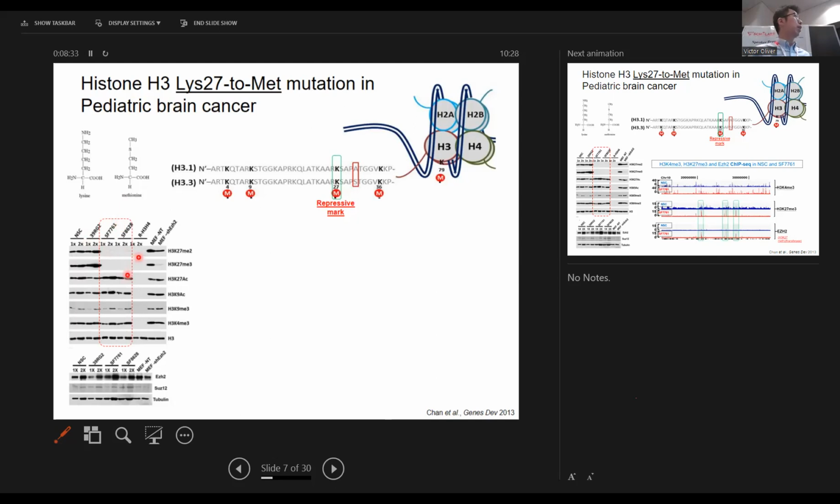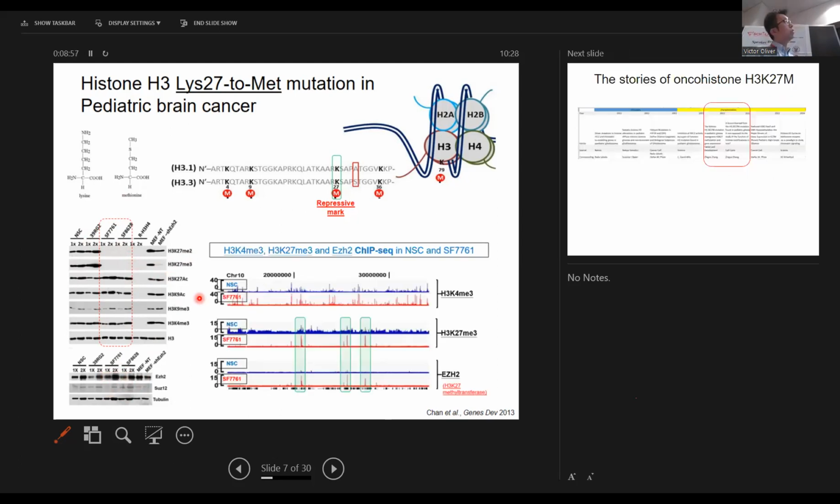You can see the di- and trimethylation of histone H3 lysine 27 is dramatically reduced. But the enzymes responsible for the methylation, EZH2 and the PRC2 components, were still there, suggesting that the mutation could be affecting the enzymatic activity of PRC2, EZH2, instead of causing a downregulation of the enzymes.